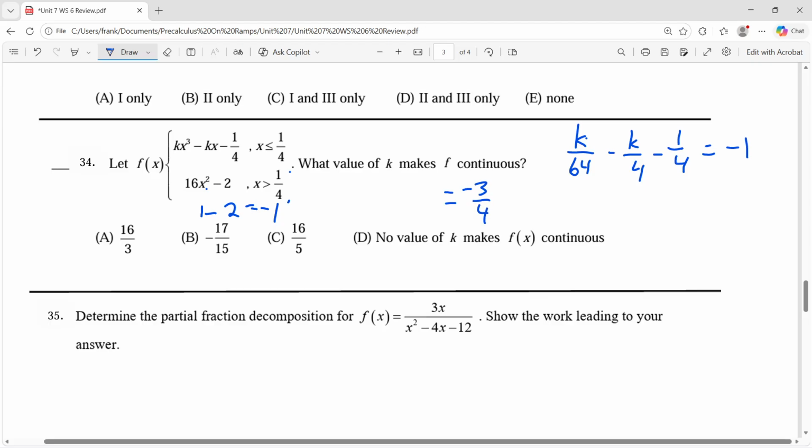I'm just trying to move it to have more room. Then I will multiply both sides by 64.